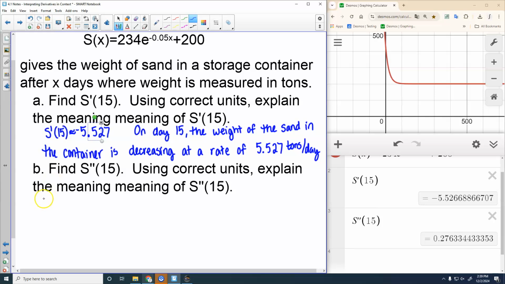So the first thing you'd want to do is just say S double prime of 15 is approximately 0.276. It's okay. They won't count off for that, even on a free response. As long as you are correct to 3 decimal places, it's fine. I like to do it just to remember that I rounded, but you don't have to.